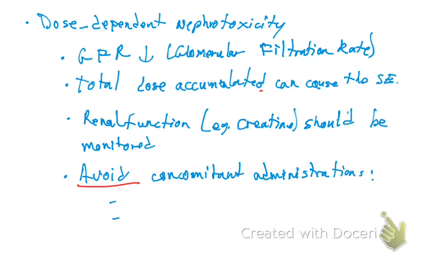For example, aminoglycosides and cyclosporin. Any drug that also decreases your glomerular filtration rate, or affects metabolism in the kidney, should be avoided. So this is the dose dependent nephrotoxicity.